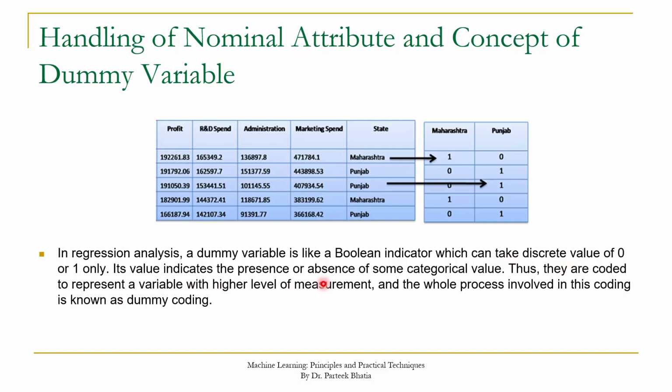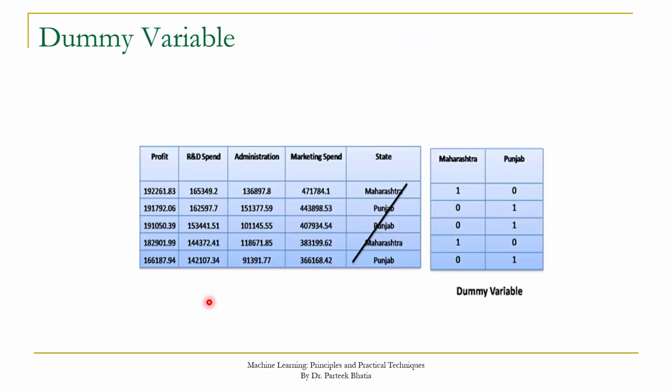It indicates the presence or absence of some categorical values, and this process of coding is called dummy coding. So instead of using the state column, now we are having two columns, one is Maharashtra and another is Punjab, and these columns are called dummy variables. So this is the concept of dummy variable.